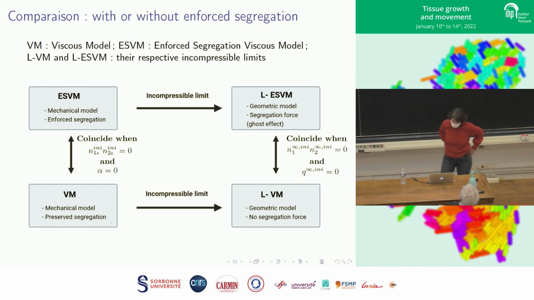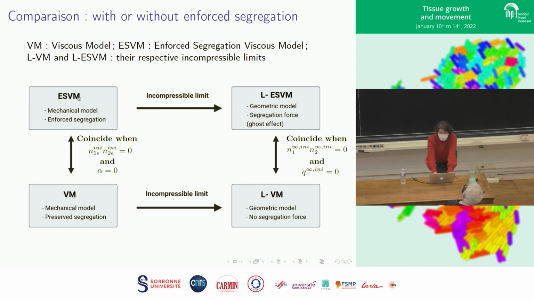Okay, and this is just a comment. I showed you two models with viscosity: one without the enforced segregation, so no Q and alpha equals 0, and one where I added the force. We can actually check that the two systems coincide if you take initially segregated densities, and if you take alpha equals 0 for the ESVM.